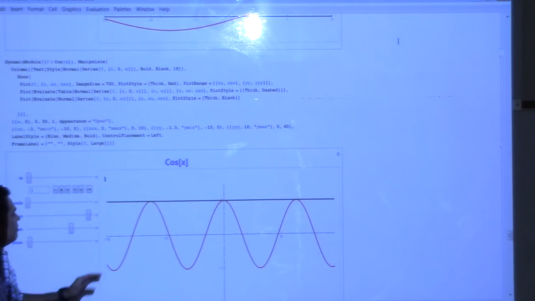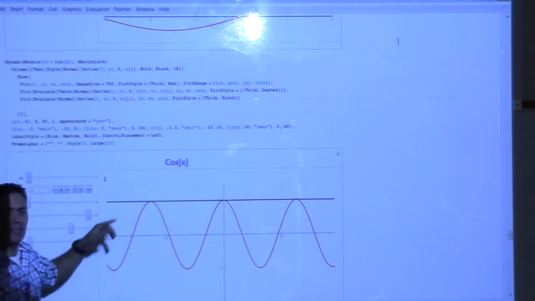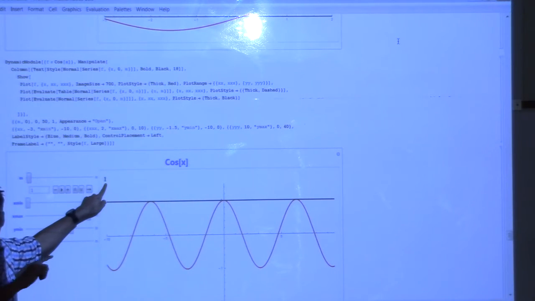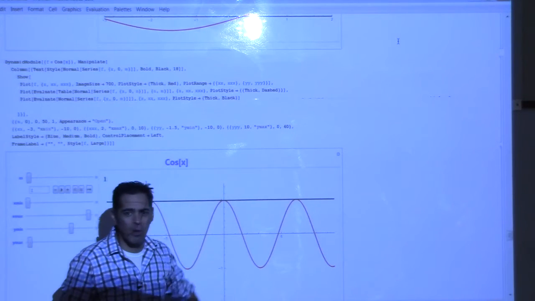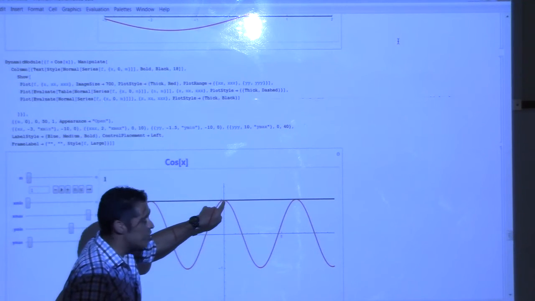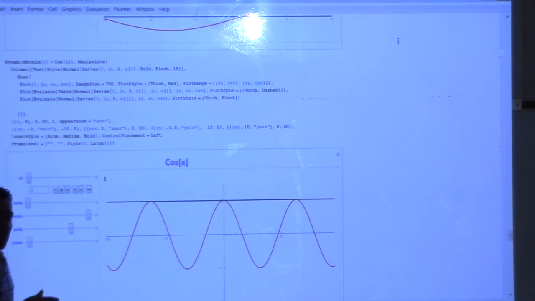Okay, so right now the red is the cosine function. The black one is my approximation. Right now I'm just using 1, so I haven't put the minus 1/2 x squared in there. Do you all think that this black one is a good approximation? No, it sucks actually. But they match here, right? Okay, so let's see what happens if I put that negative 1/2 x squared in there.